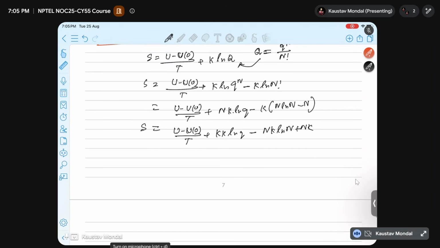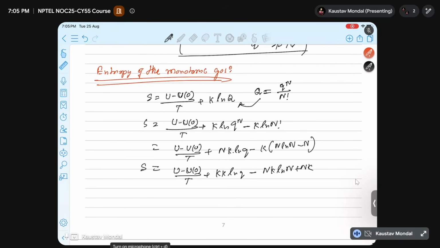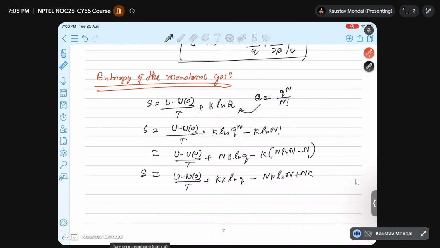Now, since it's an ideal monoatomic gas, we will use some relations from the ideal gas law. First is Nk. N is the number of particles and k is the Boltzmann constant. So we can write this as n into Na, Avogadro number, into k.